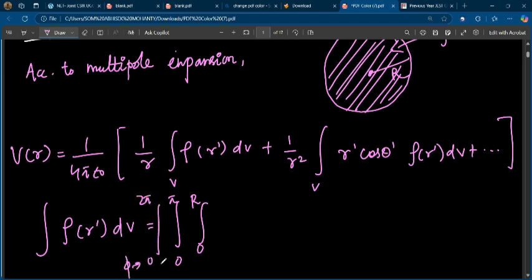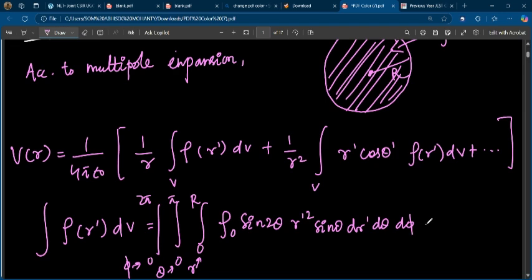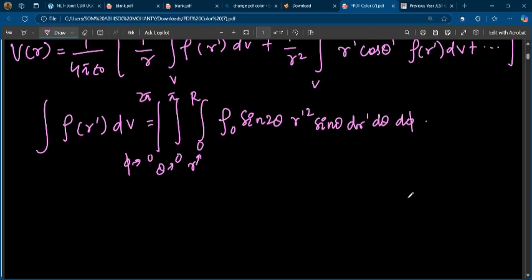So rho is rho naught sine 2 theta, and r dash square sine theta dr dash d theta d phi. This is the integration we have to do.